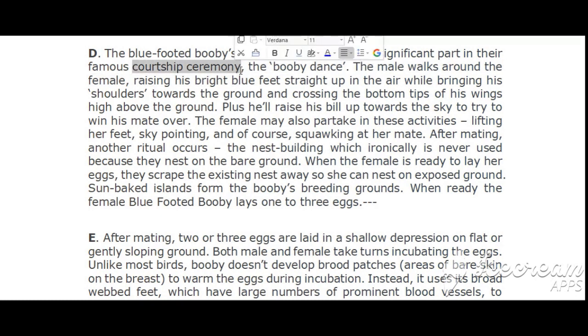What is courtship? Courtship means romance, and there are some birds which dance when they have to do mating. So I think this paragraph is all about mating, because here it's clearly mentioned, courtship ceremony.